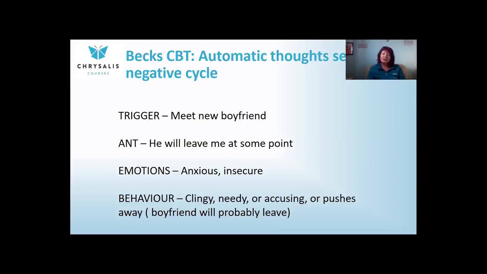So it's a bit of a vicious cycle there, because when she becomes clingy or needy or accusing, then she's probably going to get the results that she least wants. The boyfriend probably will leave.